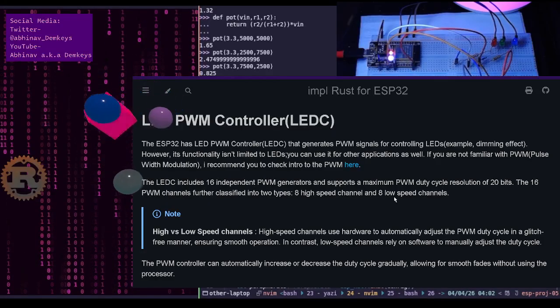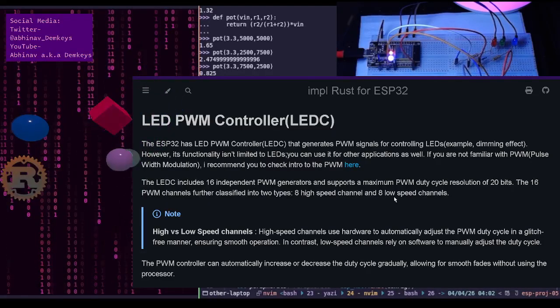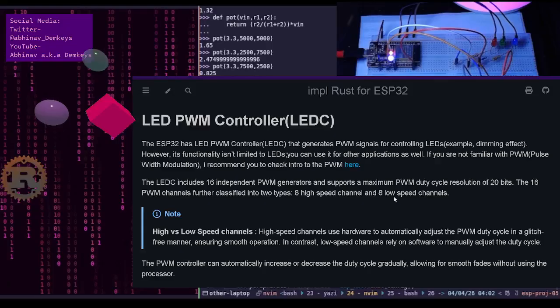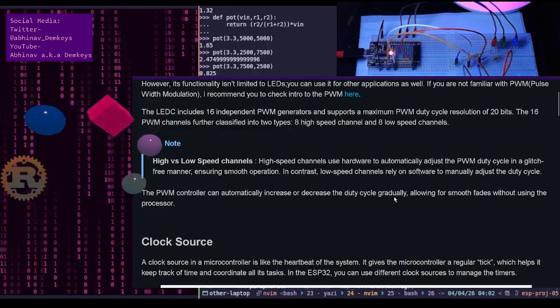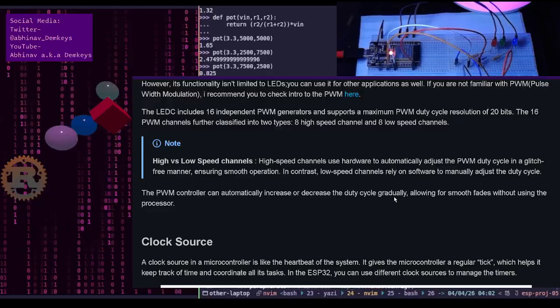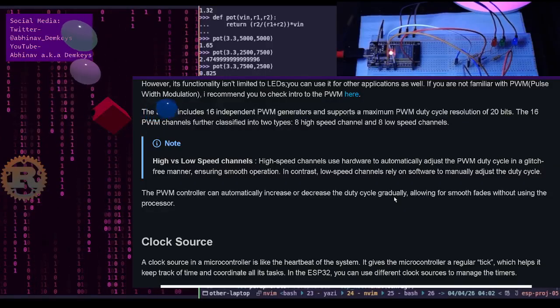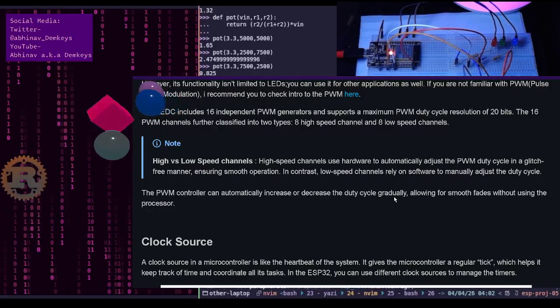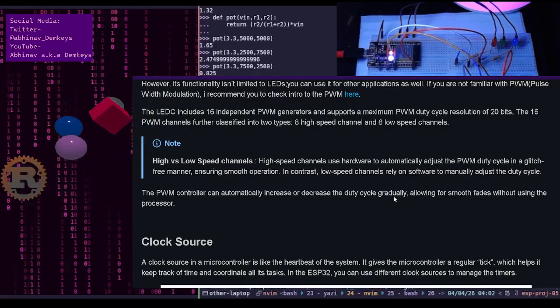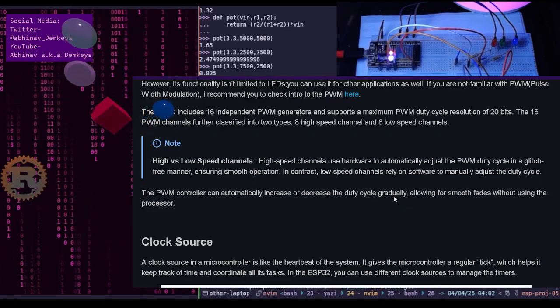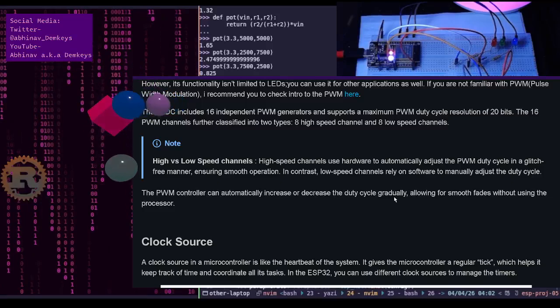If you're not familiar with PWM, I recommend you check the intro to PWM here. The LED-C includes 16 independent PWM generators and supports a maximum PWM duty cycle resolution of 20 bits.